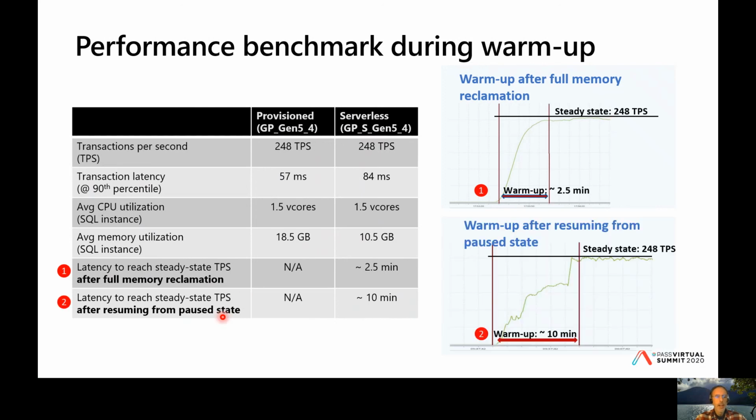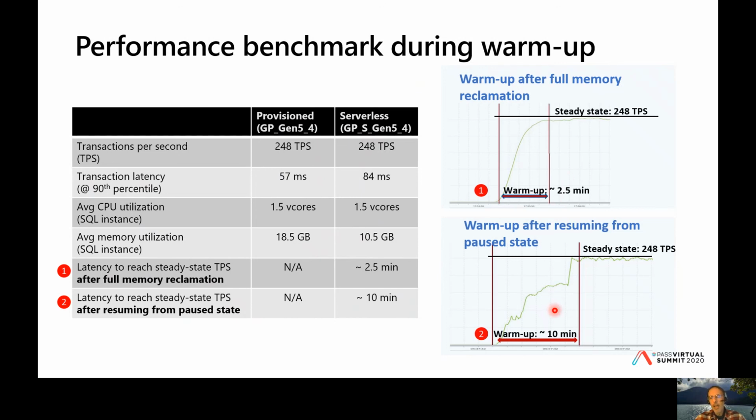We then looked at the latency to reach steady state throughput after resuming from a paused state. So here, where my cursor is placed, the database has just been resumed. And in that case, the warm-up period was longer, about 10 minutes. Now, of course, part of this warm-up period is due to the caches being rehydrated, as was the case in the previous test.